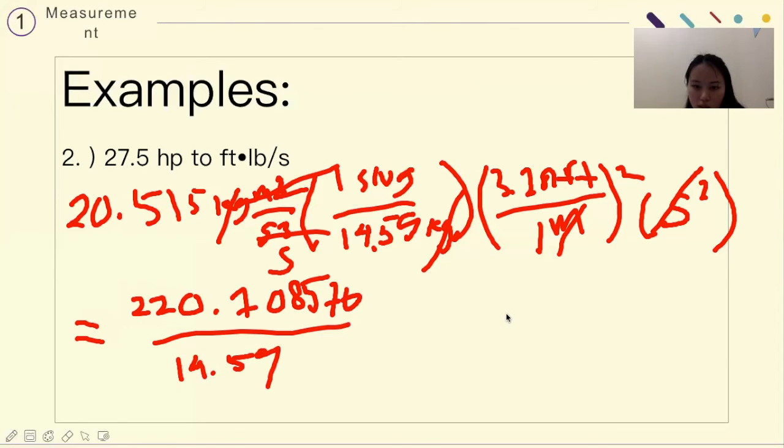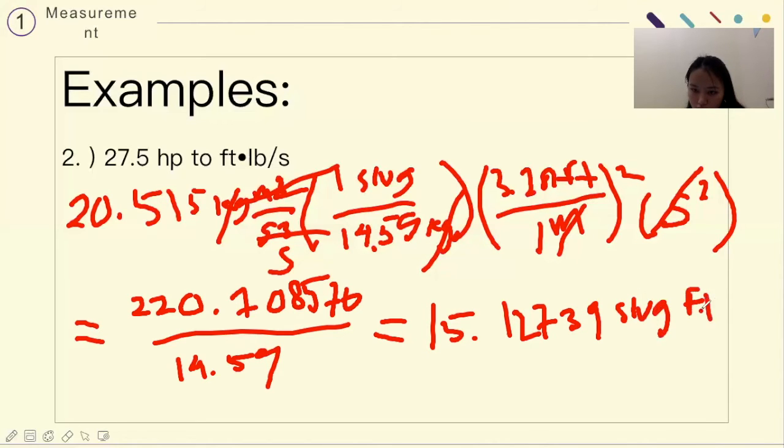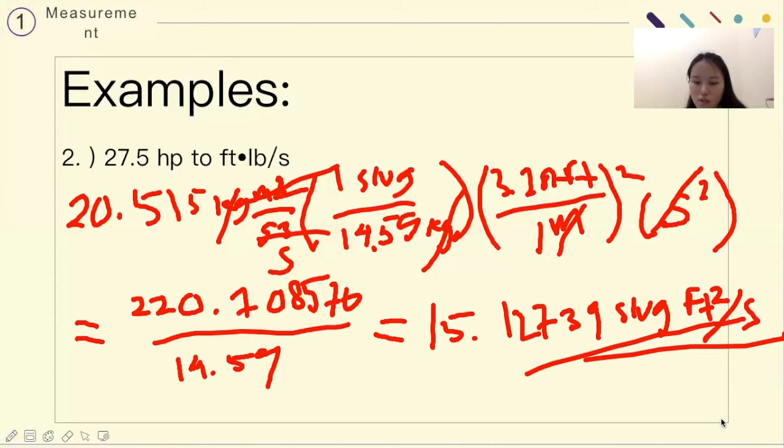Count again using your calculator and you will get 15,127.39 slug feet square per second. So now this is the answer for question number 2.